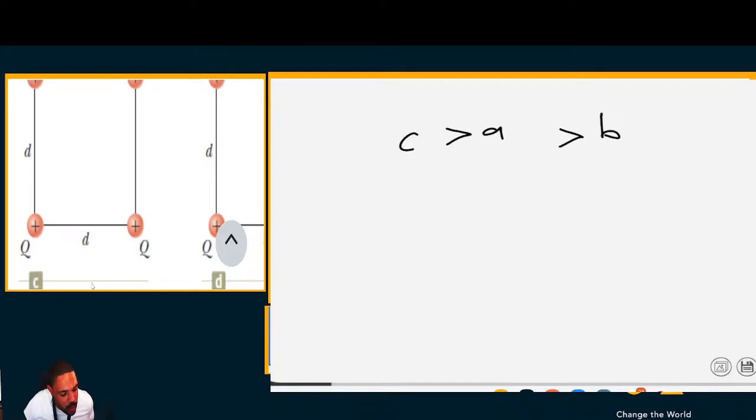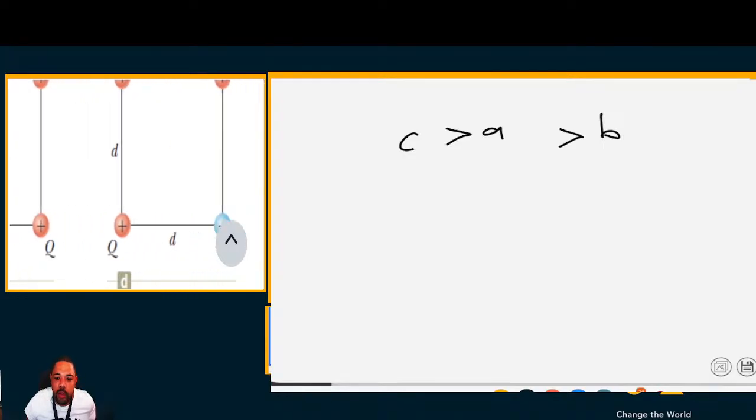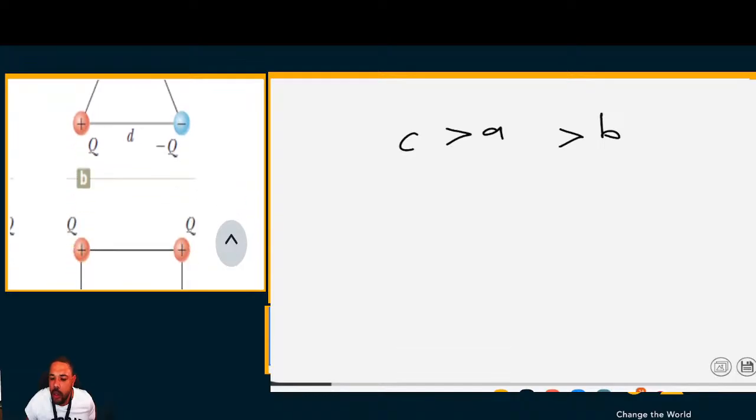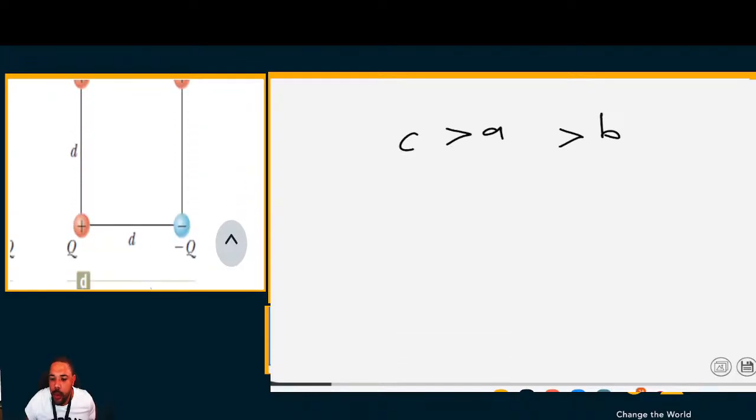C is the biggest positive. A is also positive, so C, A is bigger than that. Then we have a negative, which is B in this case. B was negative, and then we also have 0. So D will be between A and B.